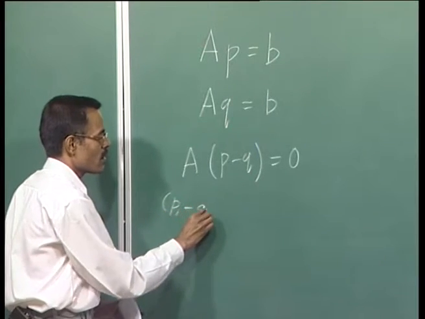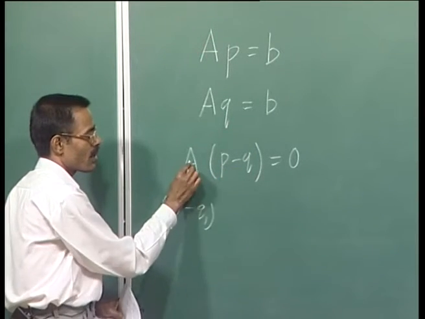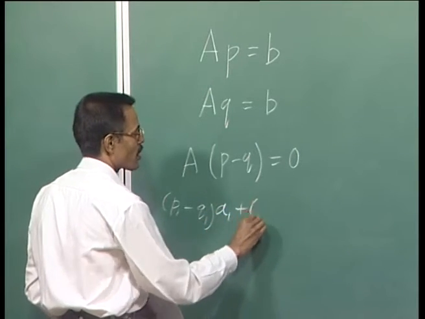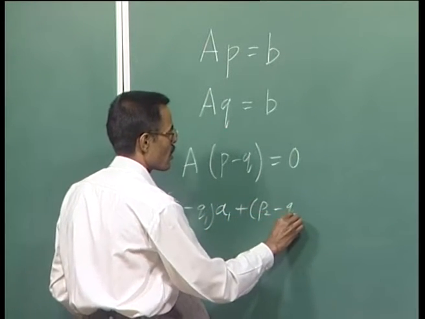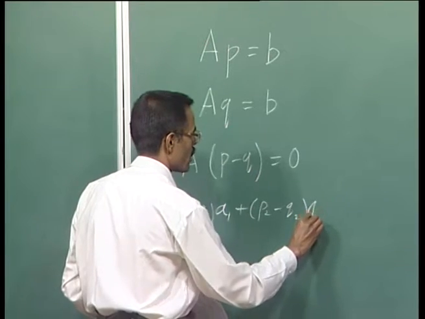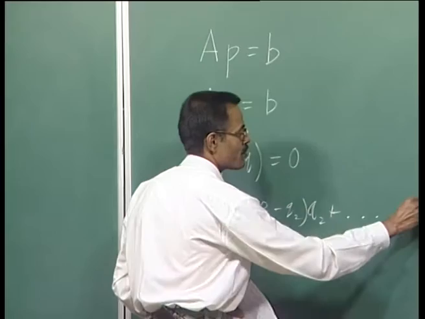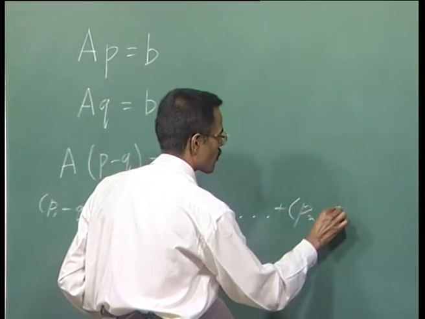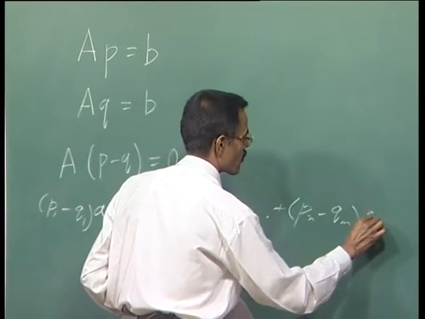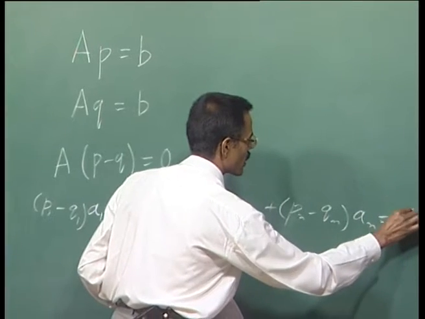the first entry of P minus Q into the first column plus the second entry into the second column of matrix A, and so on. This is equal to the 0 vector.